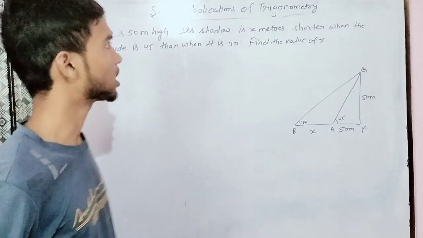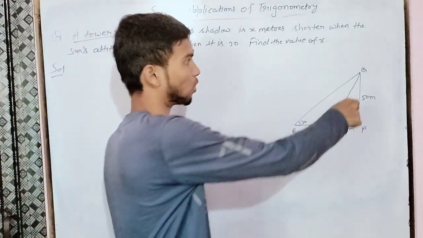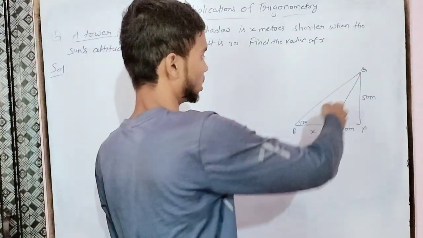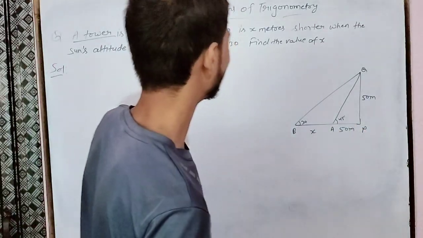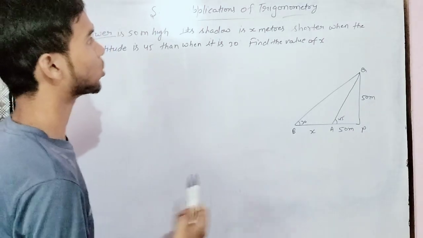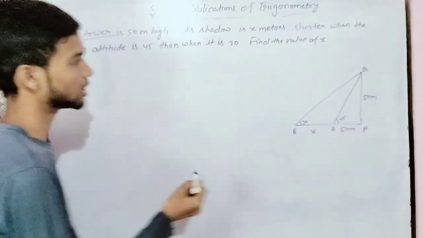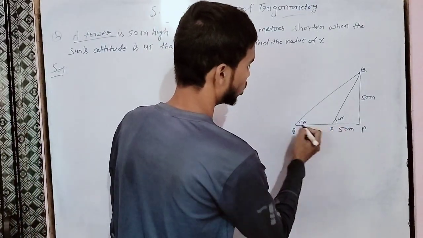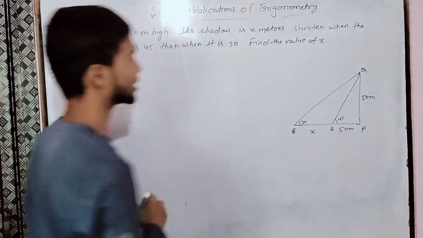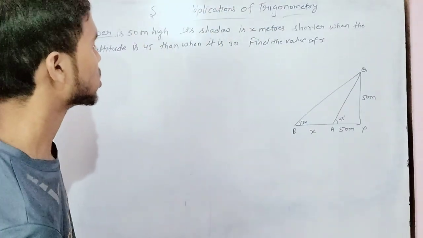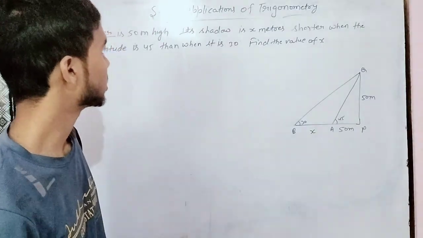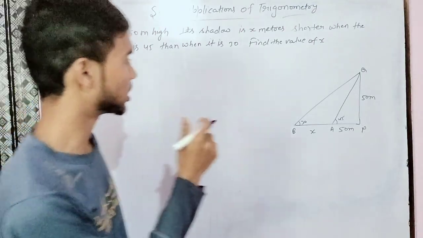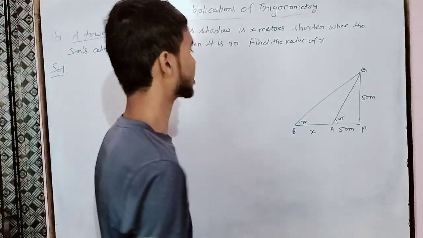So its shadow is X meters. So the shadow of this tower is X meters shorter when the sun's altitude is 45. So from here to here is X shorter. Now when it is 30, from here to here is X.